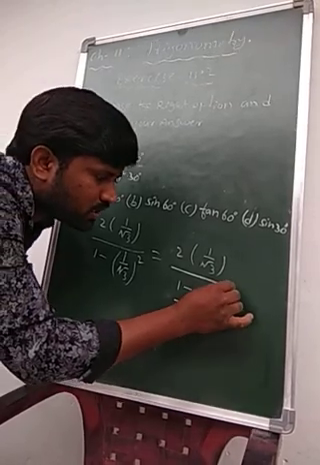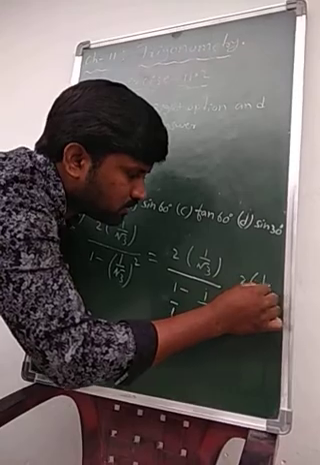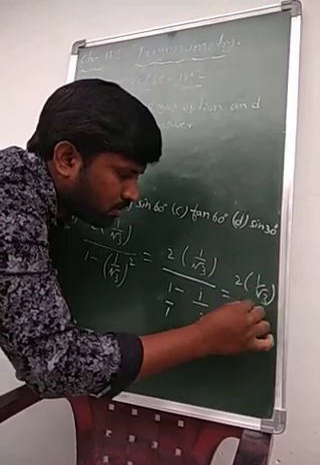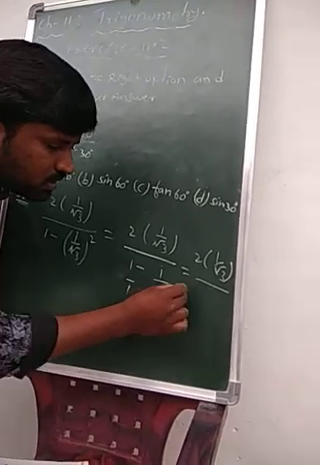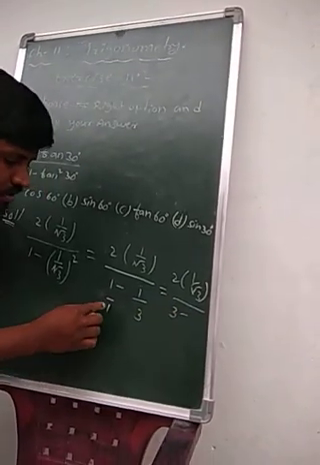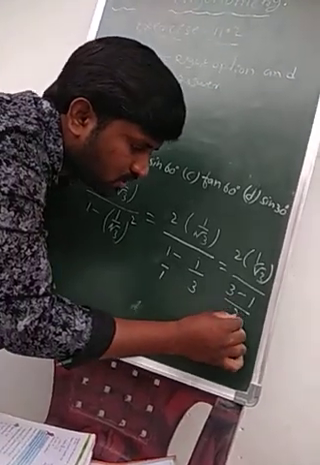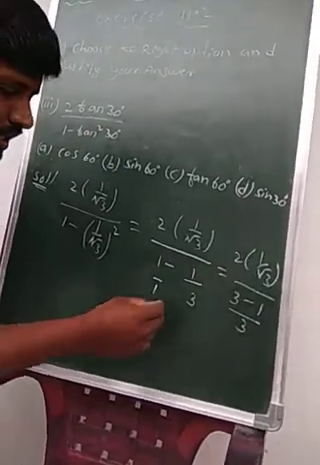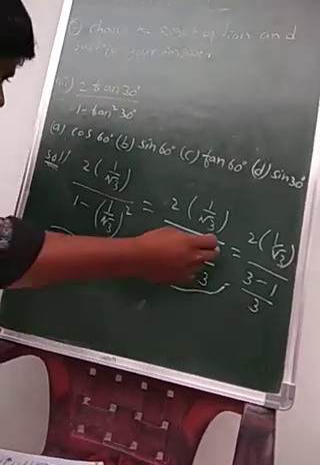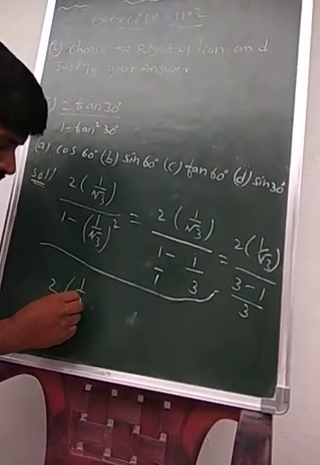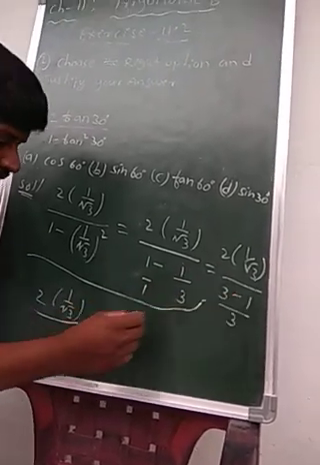Now what I am doing here, 2 of 1 by root 3 by doing cross multiplication. 3 ones are 3 minus 1 ones are 1, by 1 threes are 3. Okay, so we can write it as 2 of 1 by root 3 by 3 minus 1 means what?